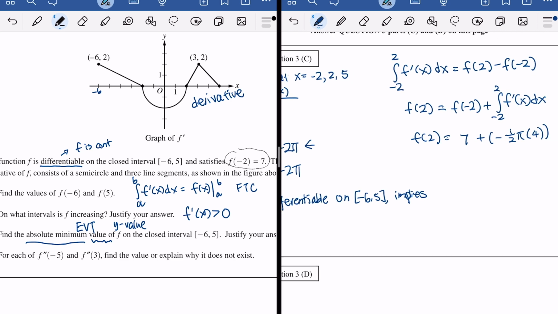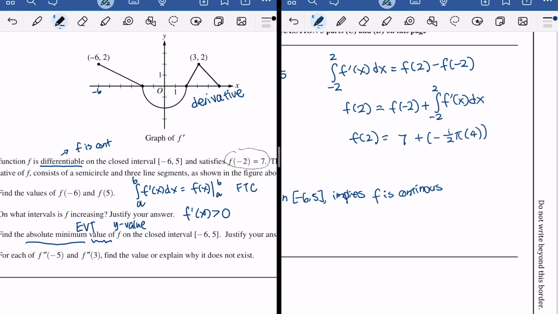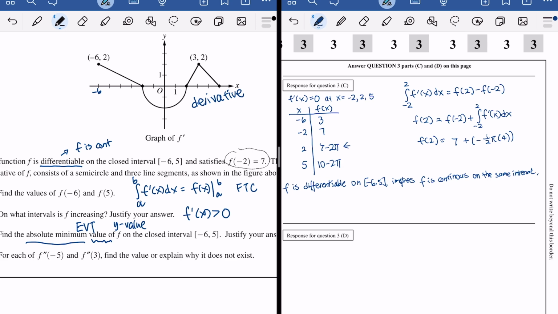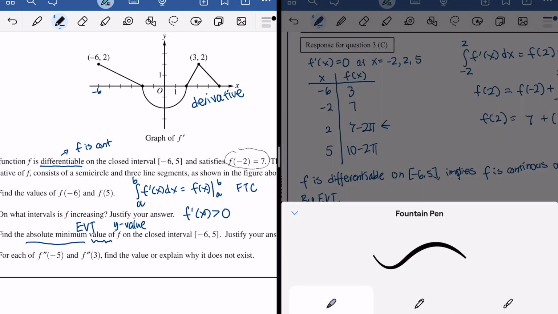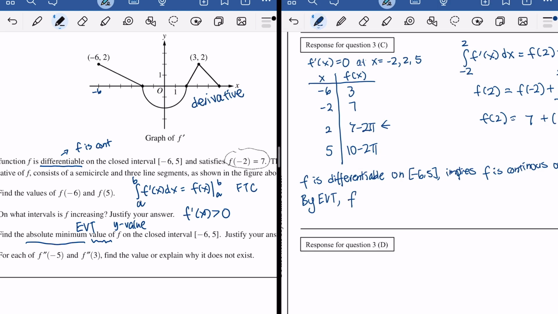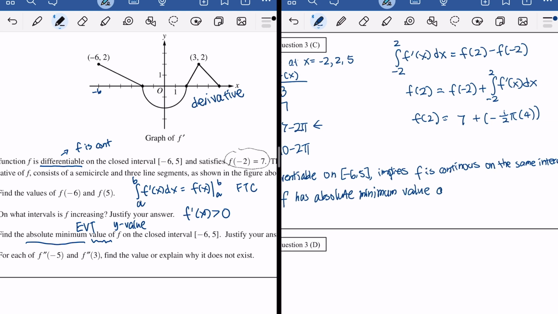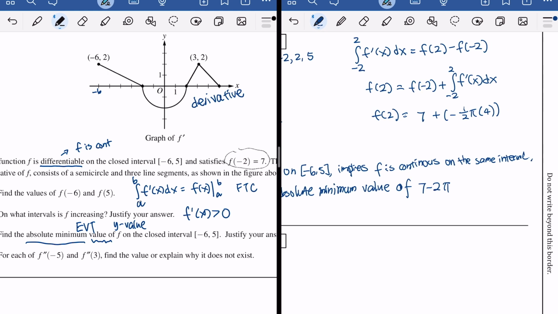We need to state that f is continuous on the same interval, so by extreme value theorem, you're allowed to abbreviate extreme value theorem, f has an absolute minimum value of 7 minus 2 pi.